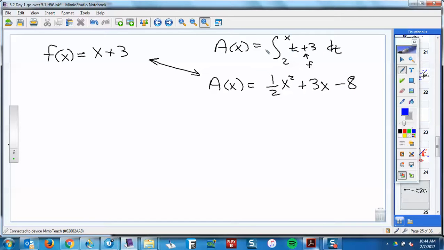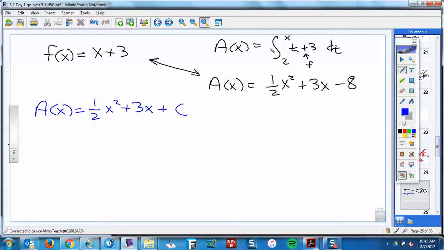If I'm going to do this area function, I'm going to use x's instead of t's, because as long as it's not inside there, I can use x's. So without even doing that trapezoid business, I could have just looked at this and said, that's 1/2 x squared plus 3x plus c. But now how do I get the c? Well, you guys said it, an initial condition.